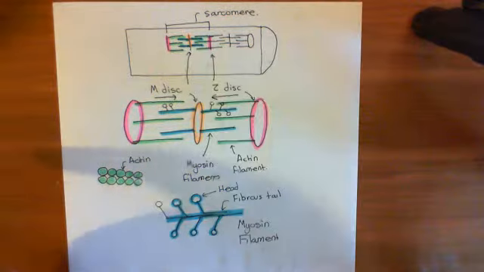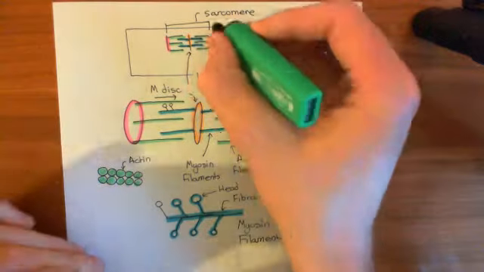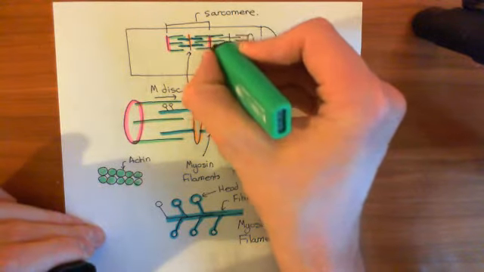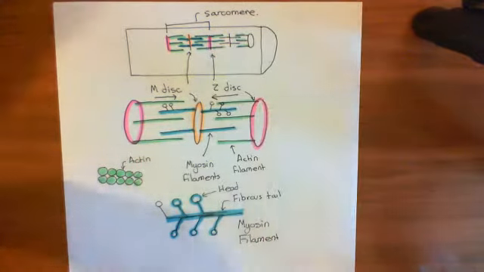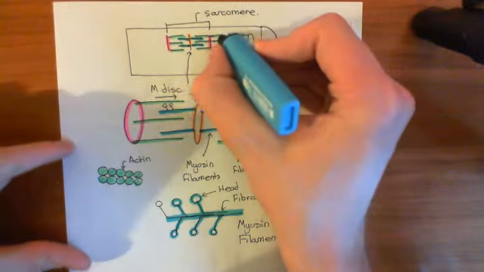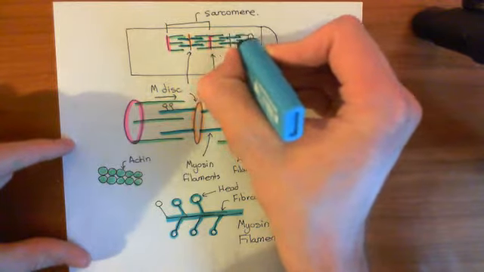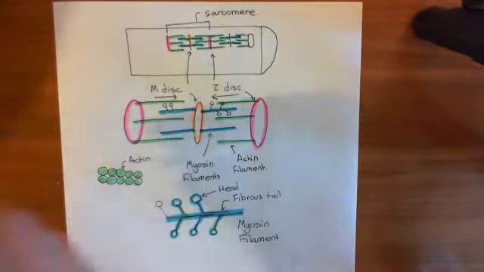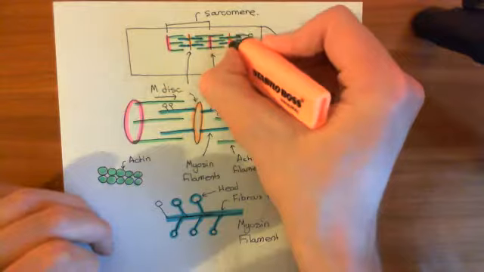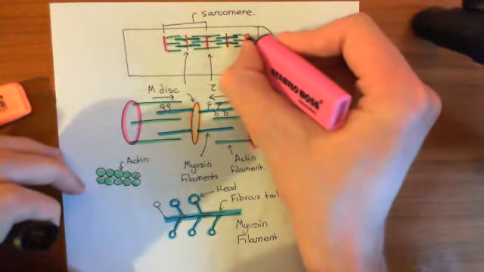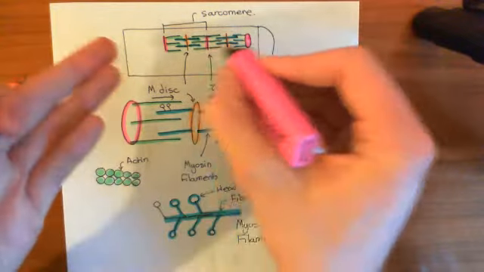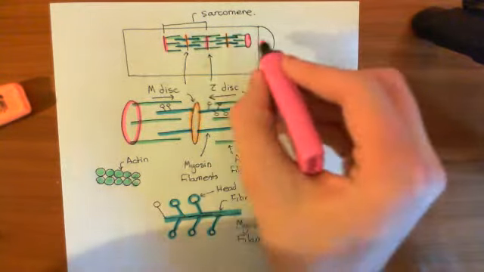Okay, so let me colour this one in. So here in green are our actin filaments, to remind you, and here in blue are our myosin filaments. Here in orange is our M disc, and here in pink is our Z disc. So you'll get these whole rows of sarcomeres, and it will continue on this way and this way.